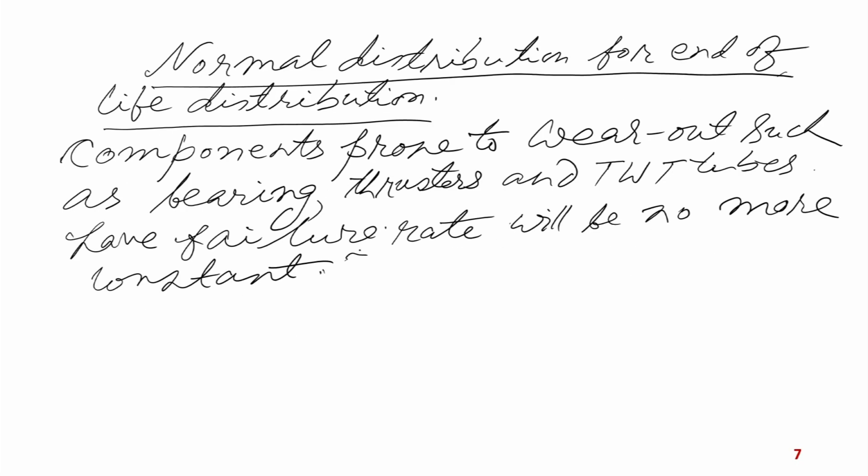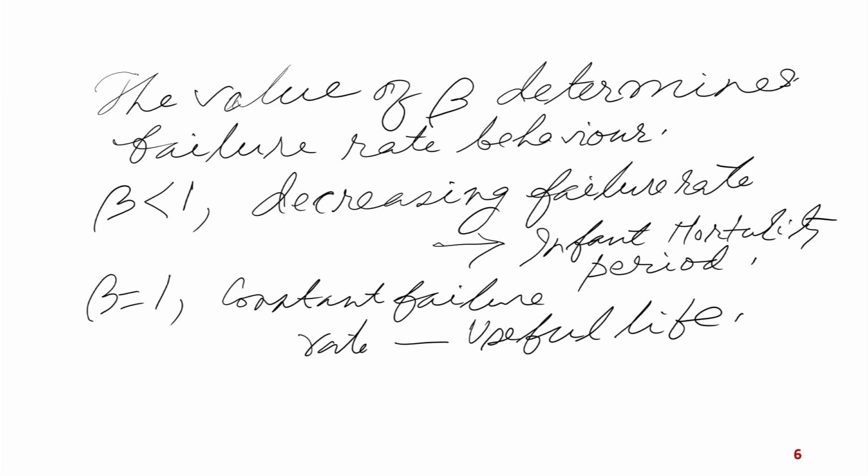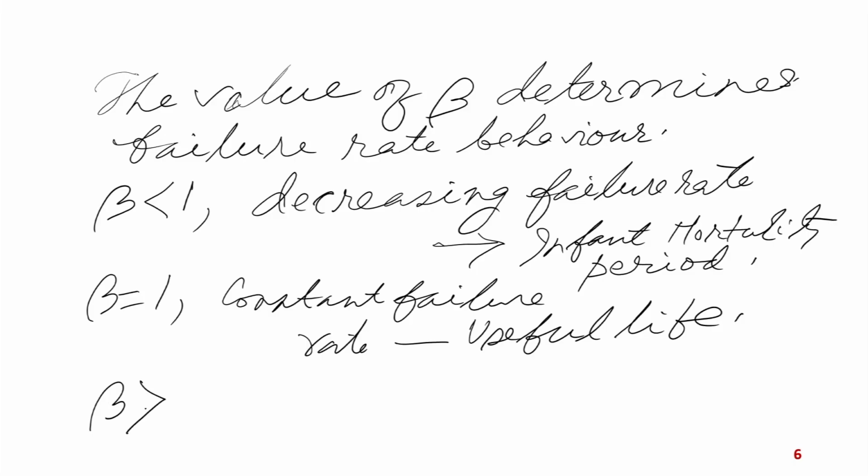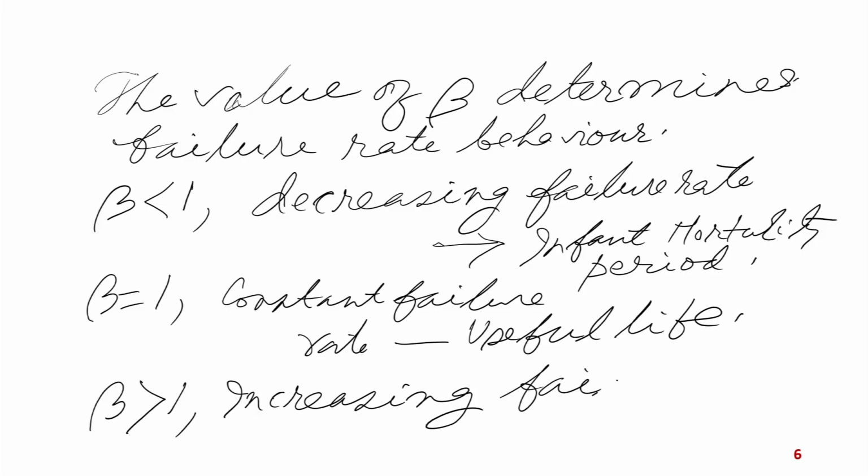Failure can occur in this period only by accident or by coincidence. When beta is greater than 1, it is an increasing failure rate. What does it mean? It is a wear out.